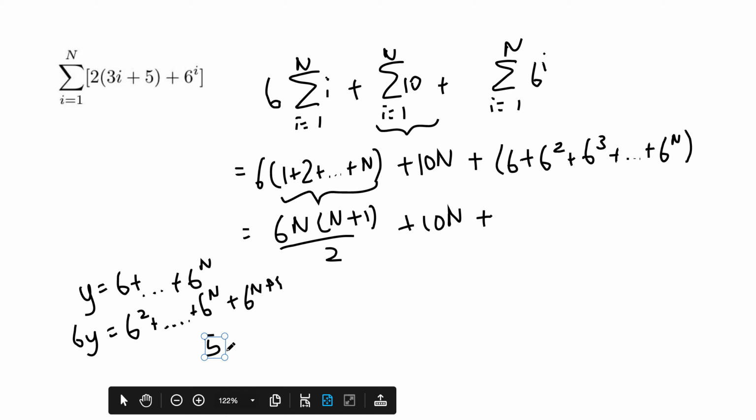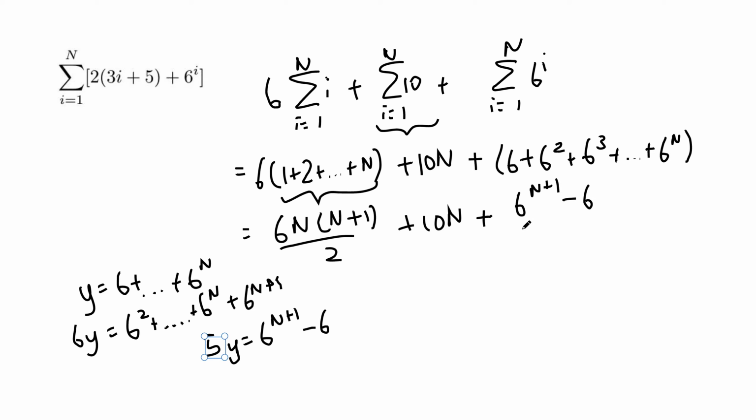We will get 5y equals 6 to the power of n plus 1 minus 6. So in order to find our original y, we just have to take this and divide it by 5, as follows. And that's our answer, so we can simplify this.